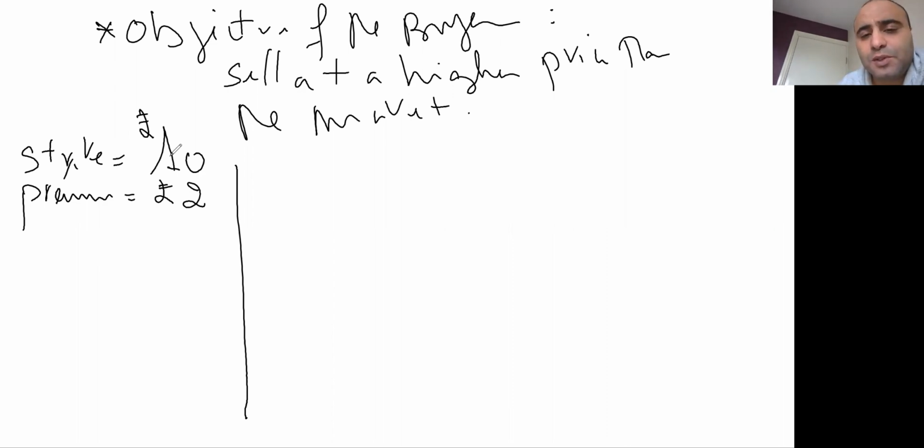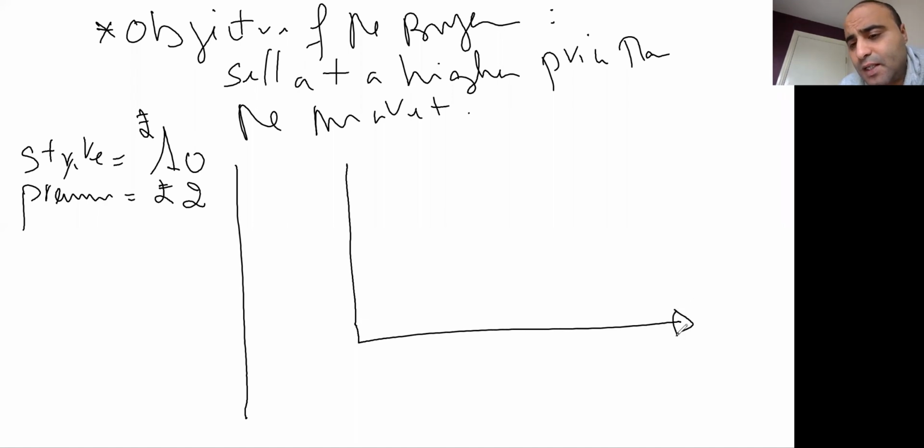So we'll do it in a graphical format. That's the stock price, and this is the profit that the person could be making in the future.